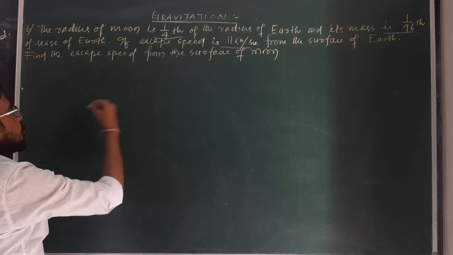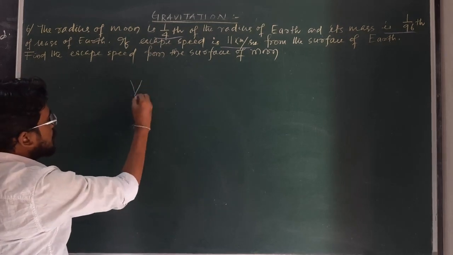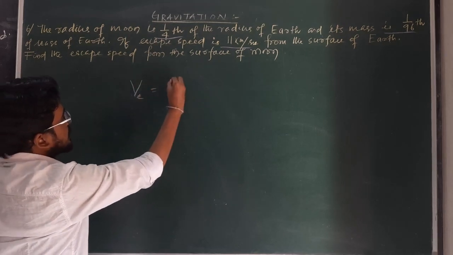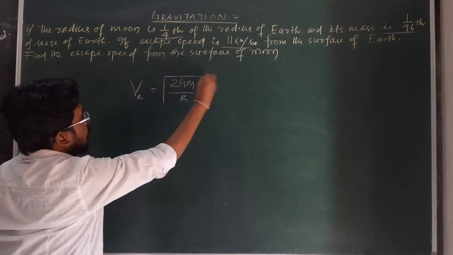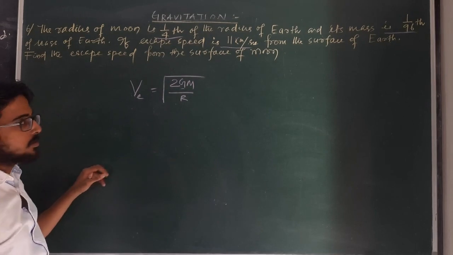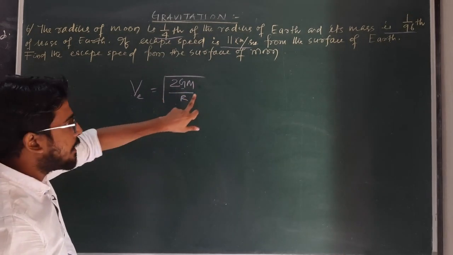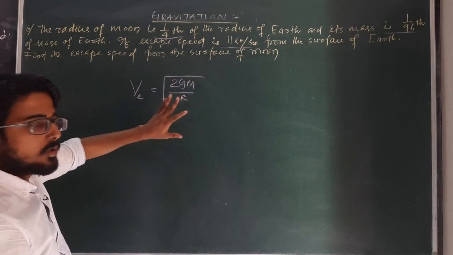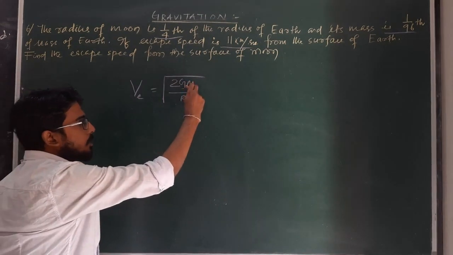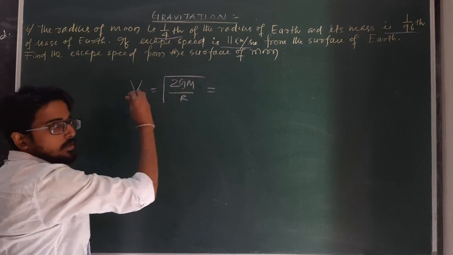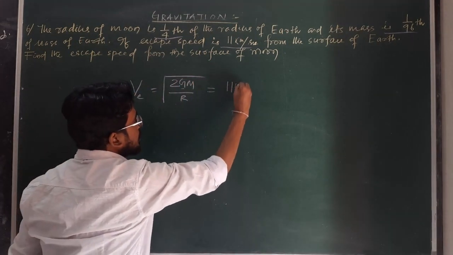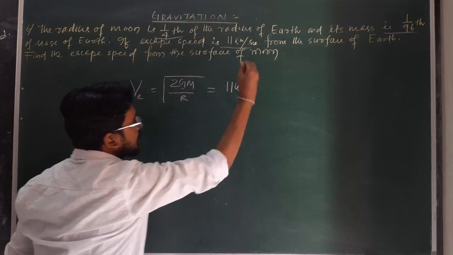Okay, so we know the expression for the escape velocity for any planet is under root 2GM by R, where G is the universal gravitational constant, M is mass of the planet, and R is radius of the planet. So if we take the mass of earth and radius of earth here, then we will get the value of escape velocity as how much? 11 km per second. Clear?